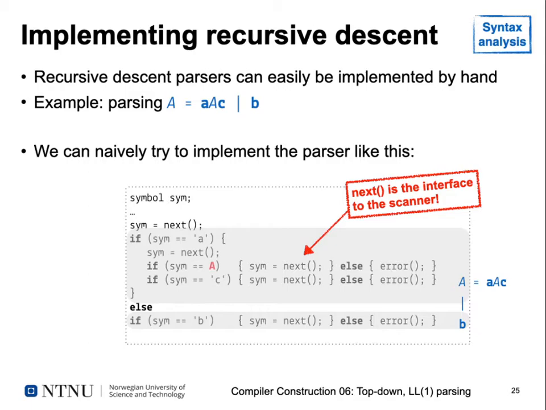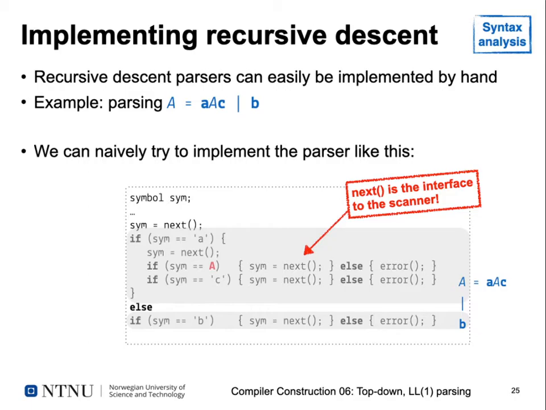Let's say we have this grammar. From our start symbol, non-terminal A, we can either derive terminal symbol a, non-terminal A followed by a terminal symbol c, or just a terminal symbol b. Let's try to naively implement this parser. The first thing we need is an interface to the scanner.